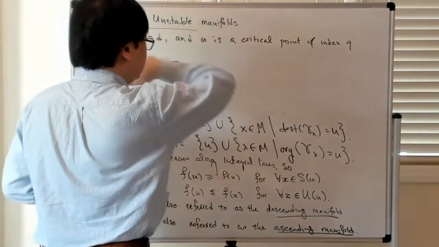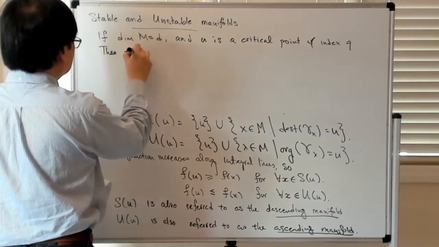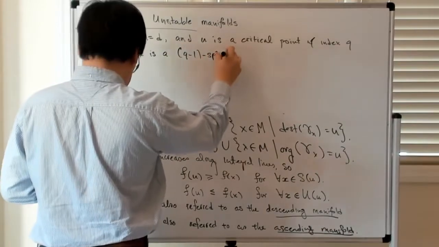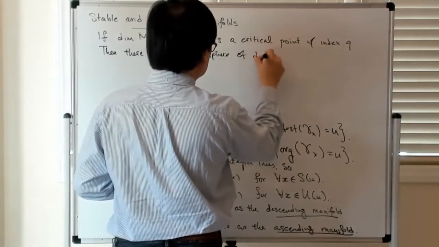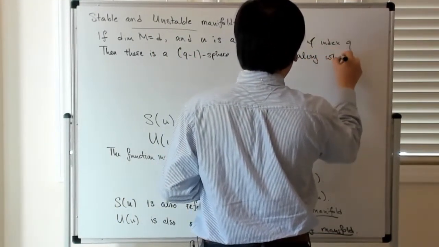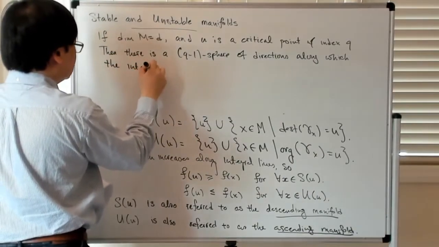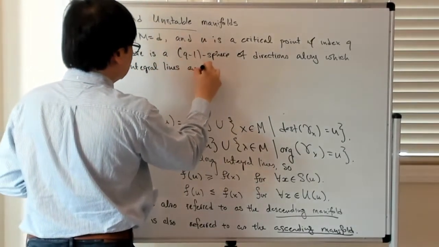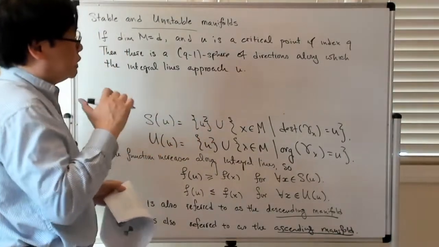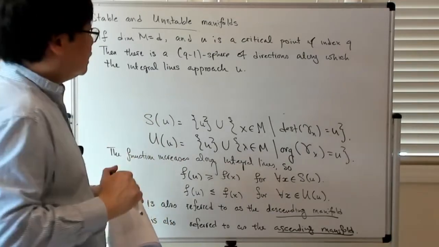So, if you have a critical point with index Q, then there's a Q minus 1 sphere of directions, right, along which the integral lines approach U. Okay, and again, you can see this because the index tells you the number of directions in which the Morse function is decreasing in essence, right?